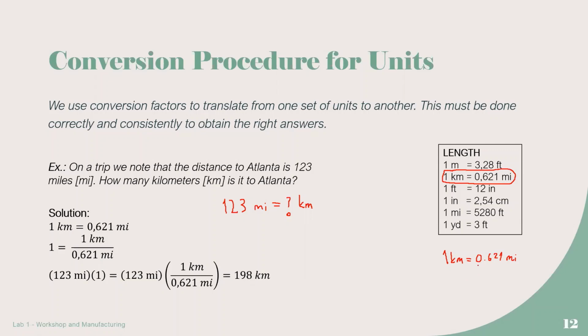So I can just divide both sides by this value. And that would give me 1 mile, right? Because this is 1 mile.